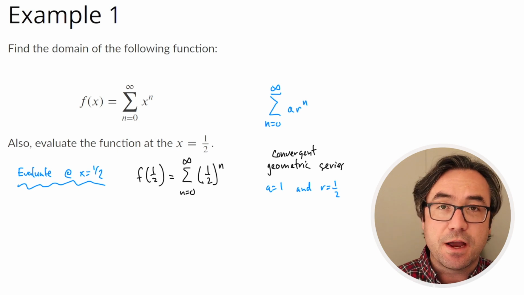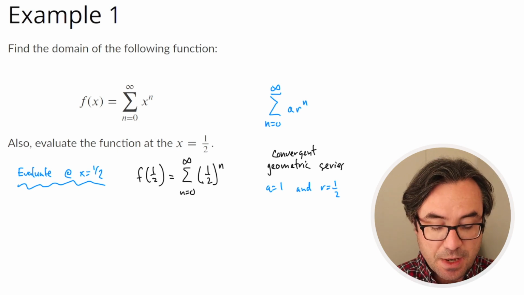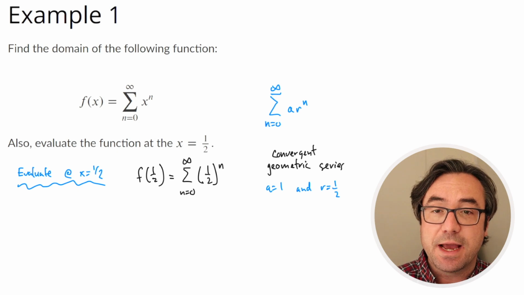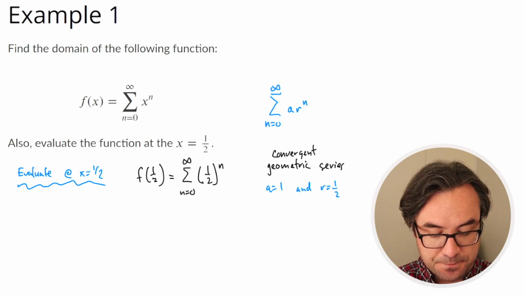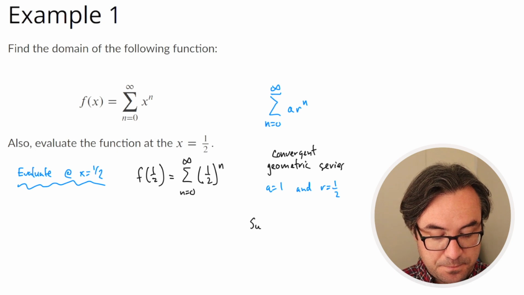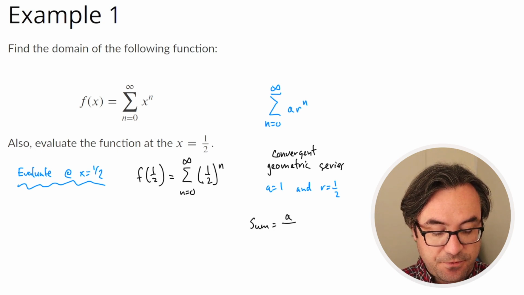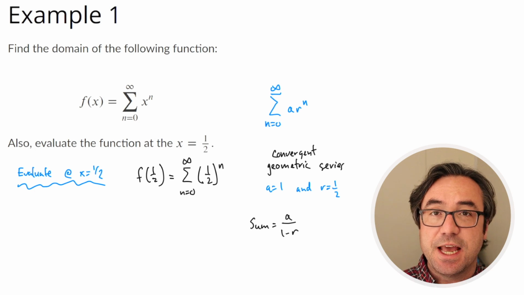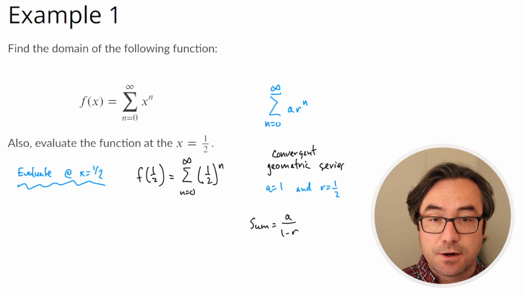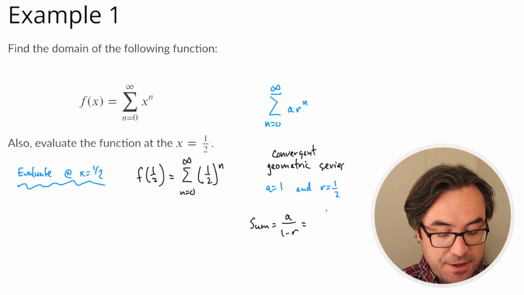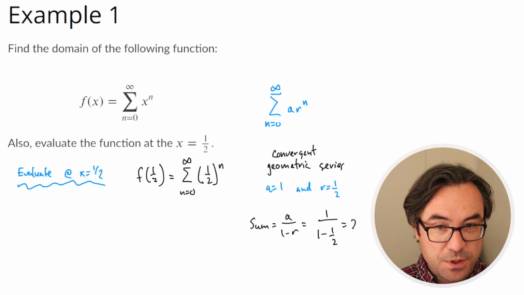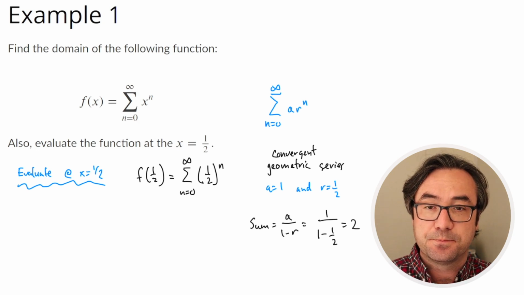The a value is 1, the r value is 1/2, and so we can figure out what the sum actually is. The sum for a geometric series is a over 1 minus r, and if we fill in our values, it's 1 over 1 minus 1/2, which simplifies to 2.